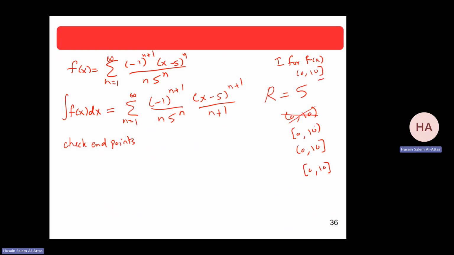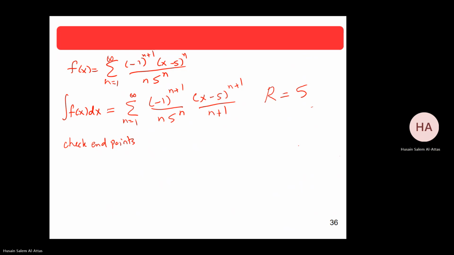It should include the 10. This cannot be this, so either this or this. Either I will add the 0 or I will keep it as is. But for sure, the 10 will be there. So the integration will either keep the same interval of convergence, or it may add the endpoints.